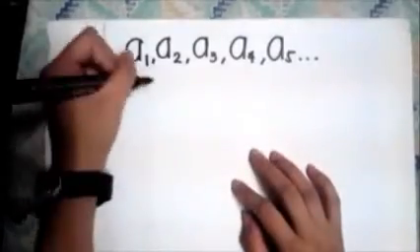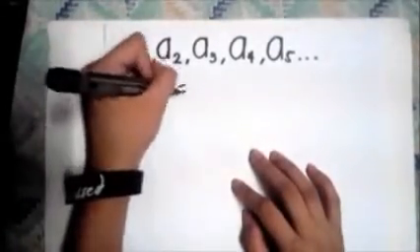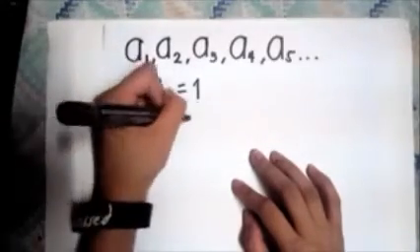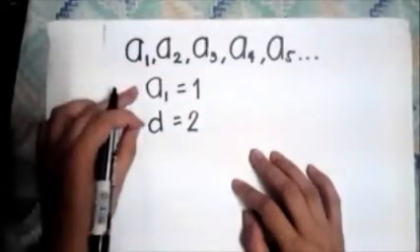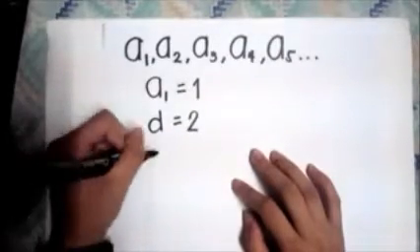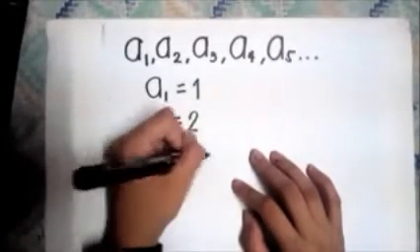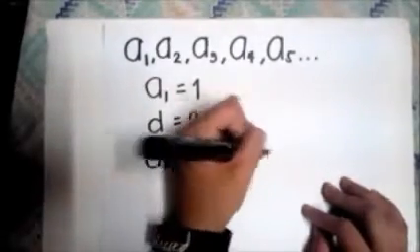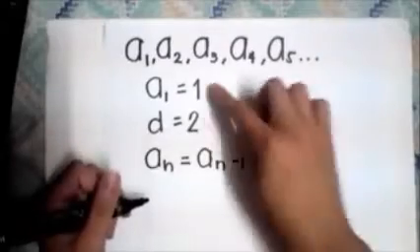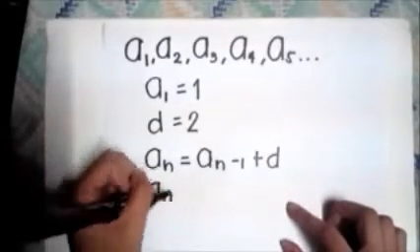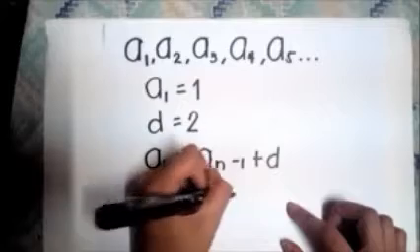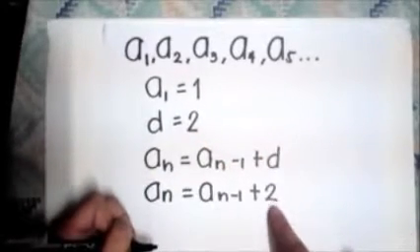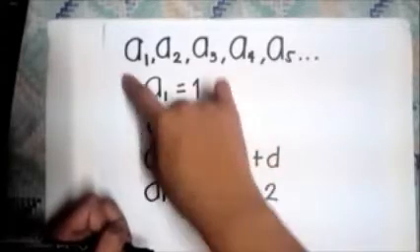So, when we have a sub 1 is equal to 1 and the common difference of 2, we can write this in a recursive formula, wherein a sub n is equal to a sub n minus 1 plus the common difference. So in this case, we have a sub n is equal to a sub n minus 1 plus 2, because this is the common difference of this sequence.